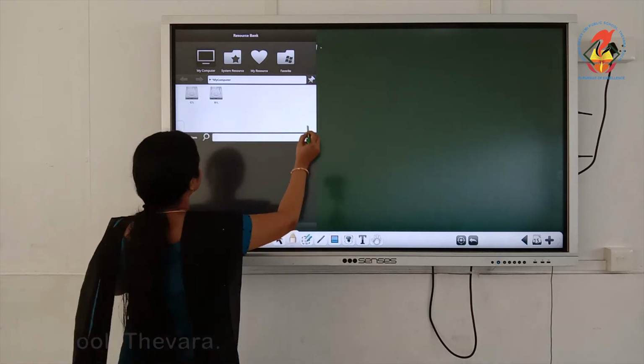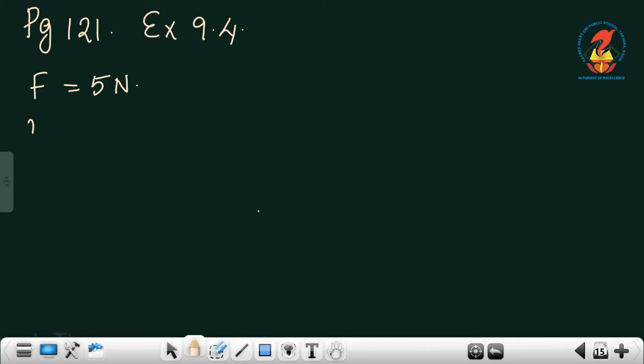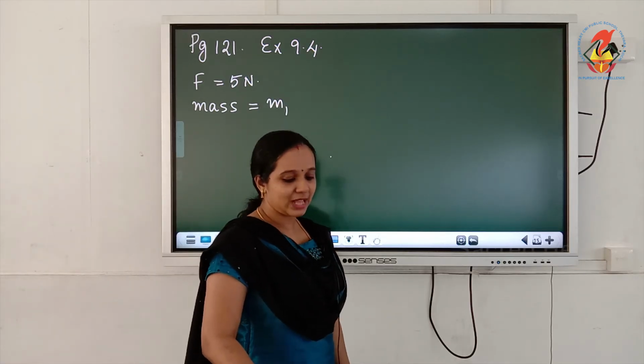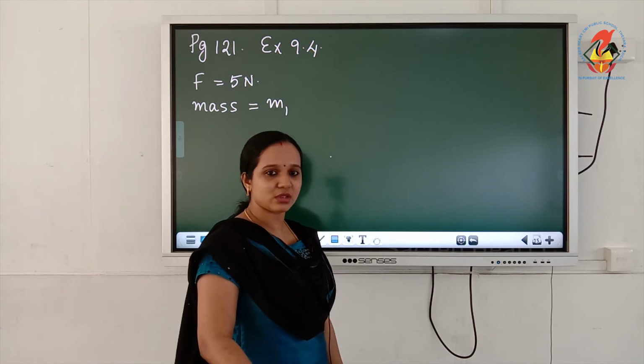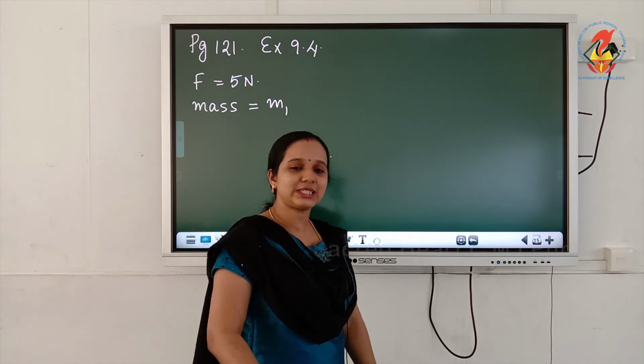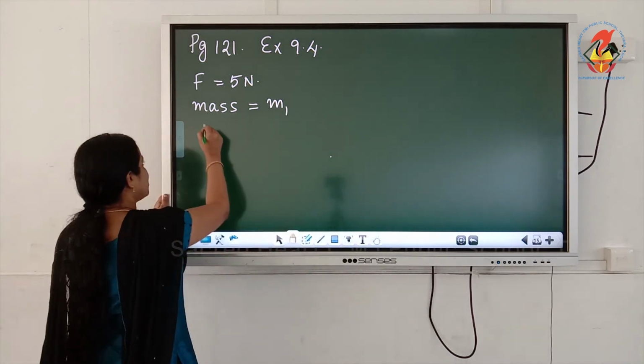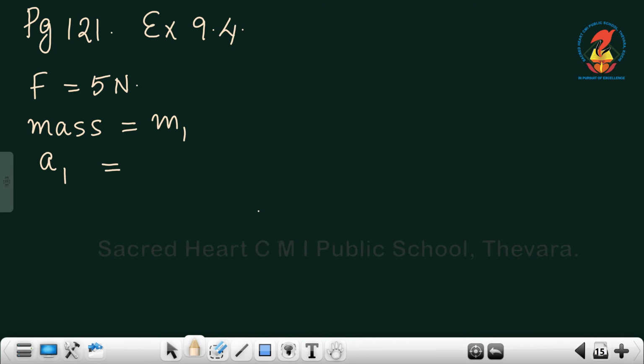So first, the mass of the first object is m1, and this force gives an acceleration of 10 meter per second square on the first object. So acceleration of the first object is 10 meter per second square.